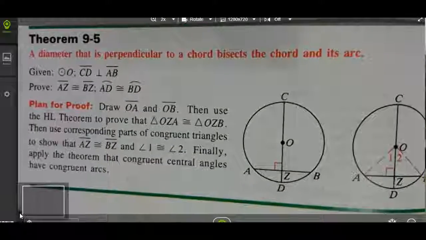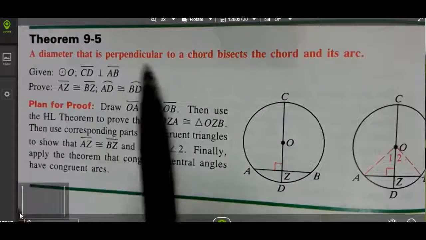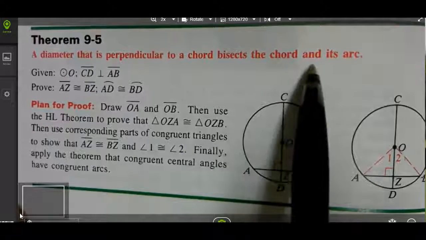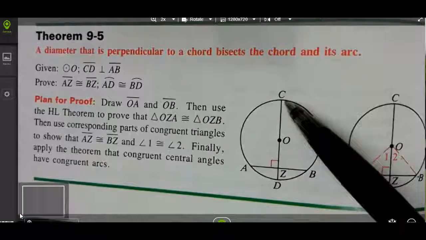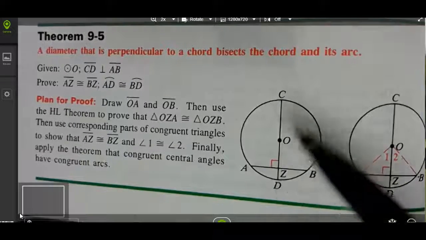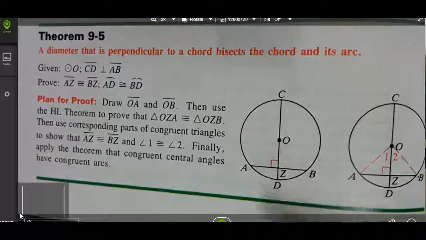The next theorem says that a diameter perpendicular to a chord bisects the chord and its arc. And talking about diameter, we are talking about radius as well, because radius is part of a diameter.